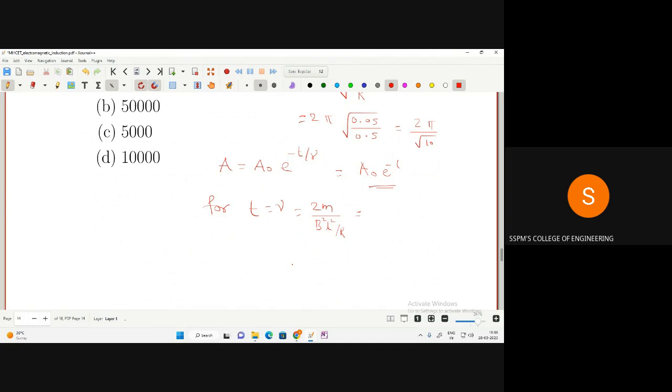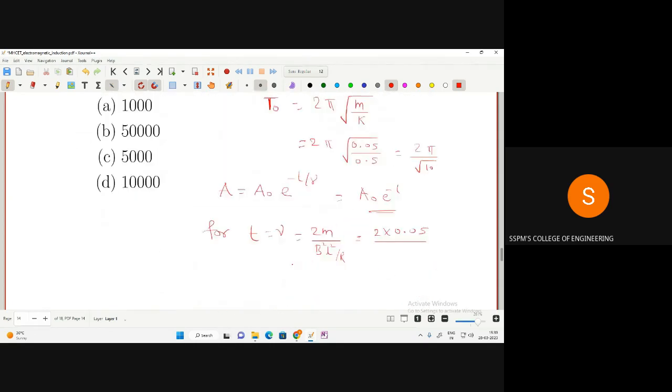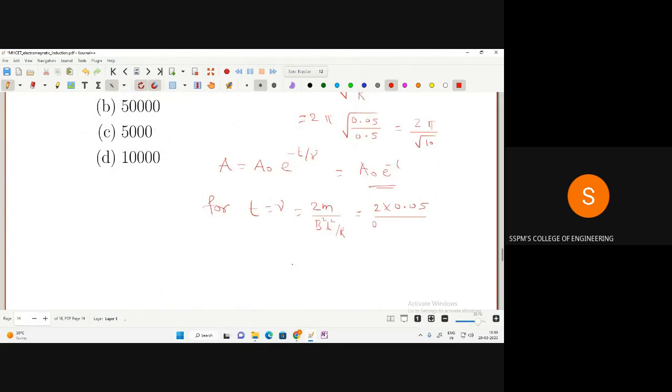So find out the t, or gamma, and t is equal to 2 into 0.05 divided by b square. What do you have to take? 0.1 square, so 0.1 square is 0.01.